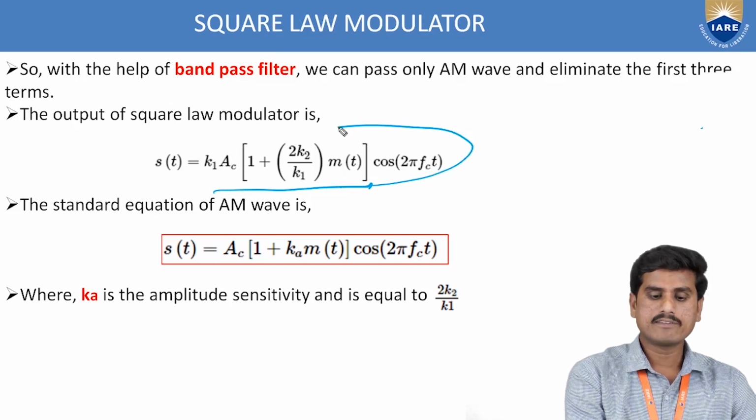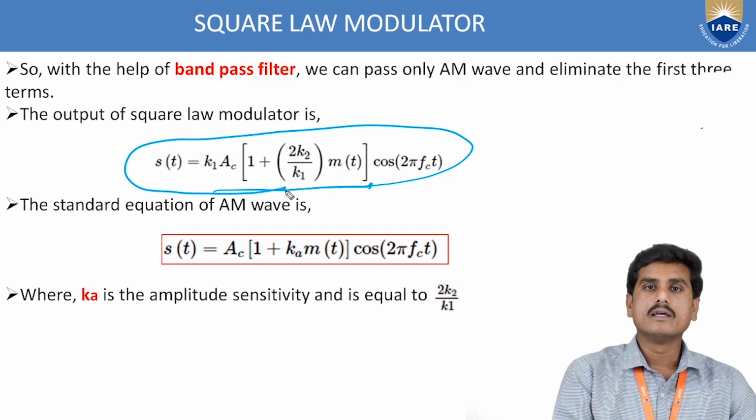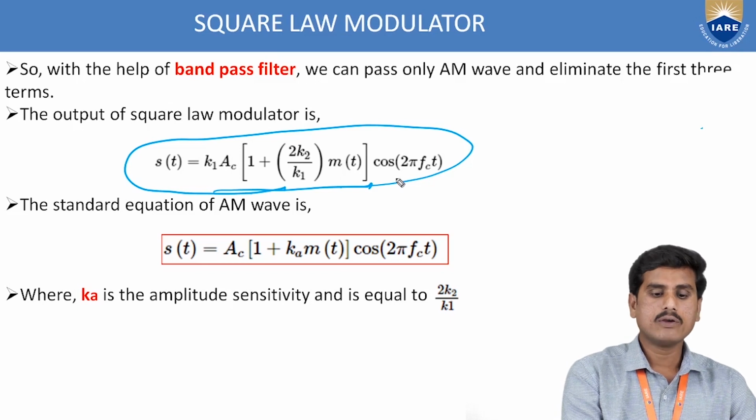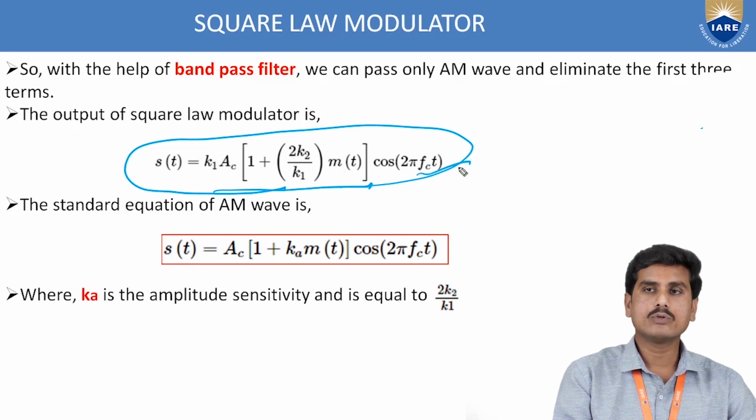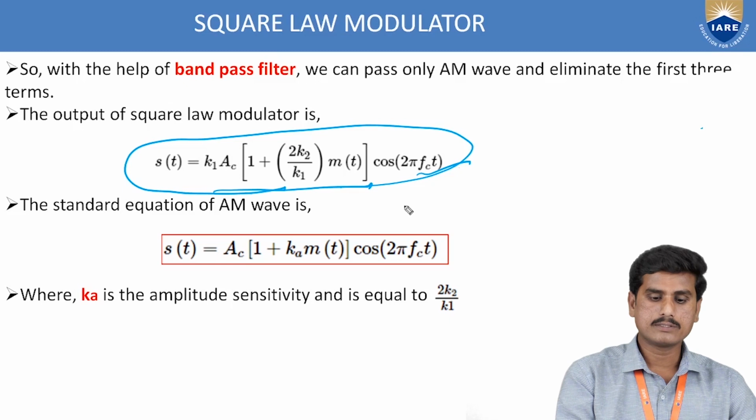This is the required term, and it can be retrieved from the band pass filter. So after the nonlinear device we have a band pass filter. After passing the total 4 terms from the previous equation, we get only the wanted term, that is S of t equal to K1 Ac into 1 plus 2K2 by K1 m of t cos 2 pi fc t.